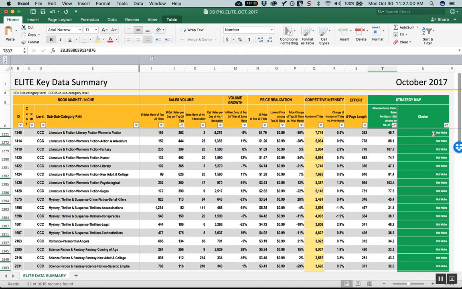So we're already only working with the genres and categories that are going to be the most attractive for us. Then what I did was I said, I want you to only show me those hot niche and hot categories that have enough activity in them for me to make money. So that meant that I wanted it to bring me back sales that the top 20 sold at least 50.